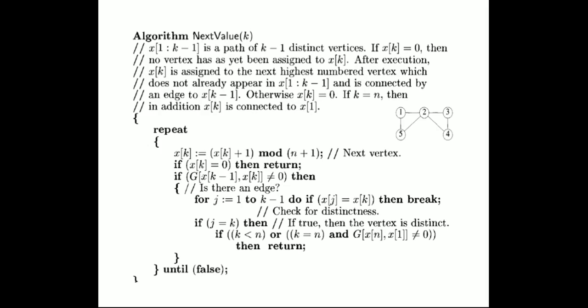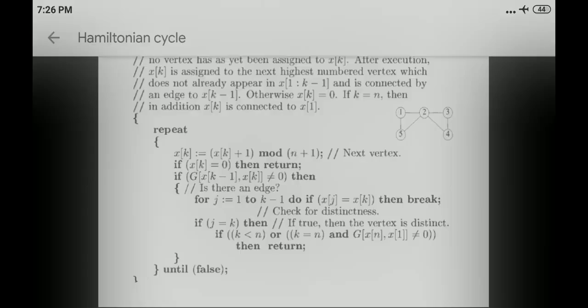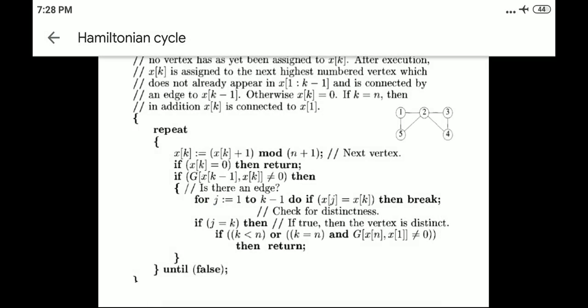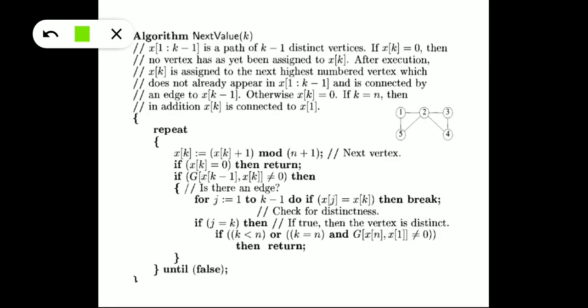Okay, so the next piece of the algorithm here is next value. So what does this next value algorithm do? It is going to find a path of k minus 1 distinct vertices. If x of k is equal to 0, then no vertex has yet been assigned to x of k.